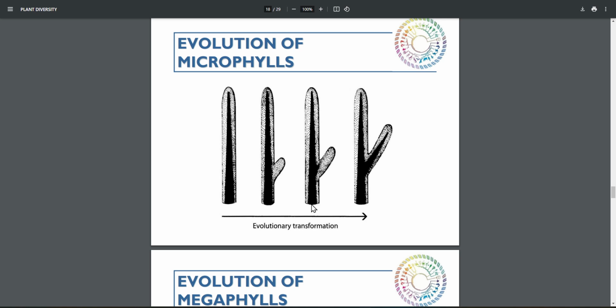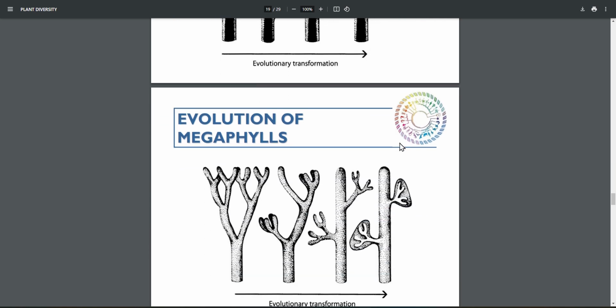As it slowly grew, the vascular tissue continued to grow inside it as well, and then finally the vascular tissue is established in this leaf, and this is how microphylls are formed. This is just the evolution. So originally it was this, very long ago, and then as the microphyll forms, the vascular tissue evolves with it, basically.